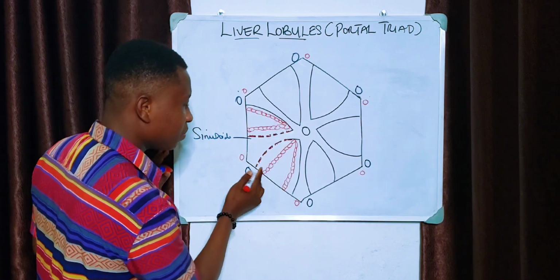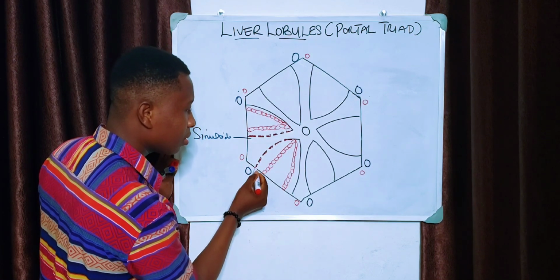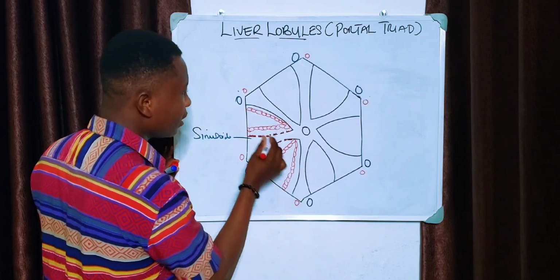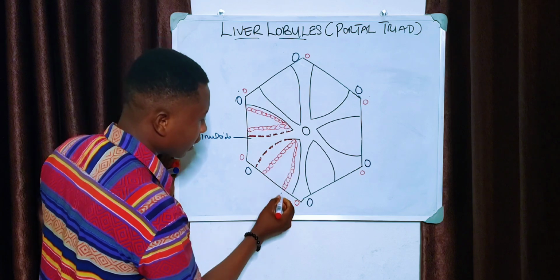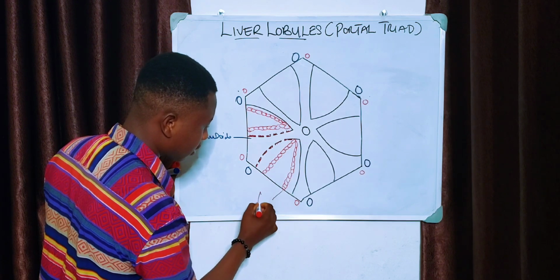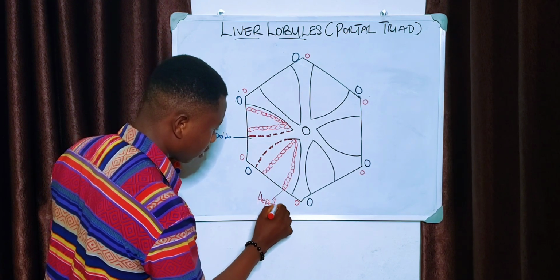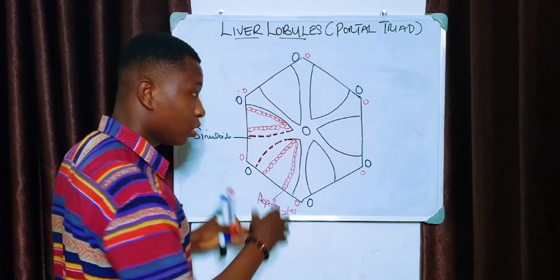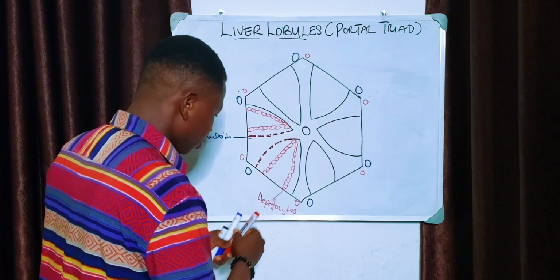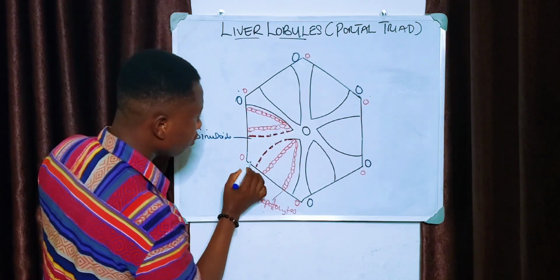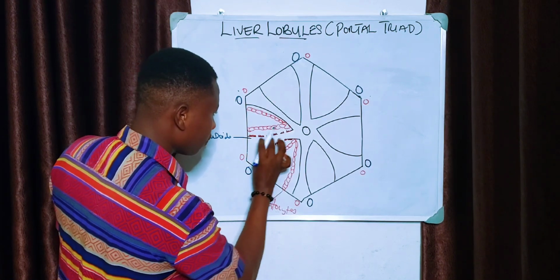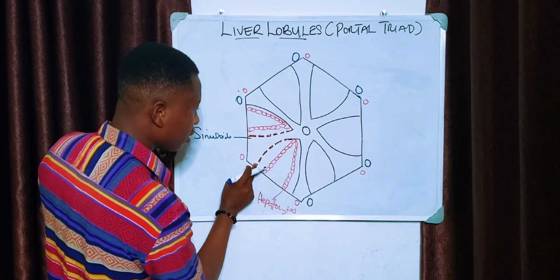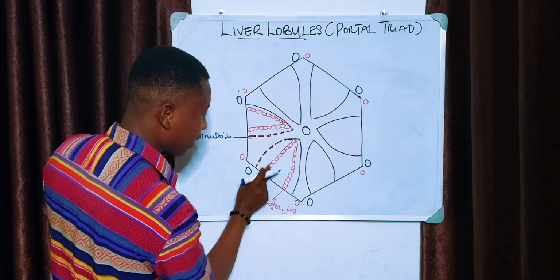Now, the space between the epithelial cells and the hepatocytes. Now, these structures in red are called the hepatocytes. Those are the liver cells. They perform most of the function in the lobules. All right. So substances drain from the sinusoid space into the space between the epithelial cells and the hepatocytes.